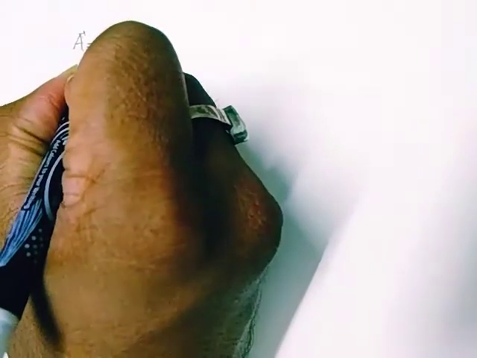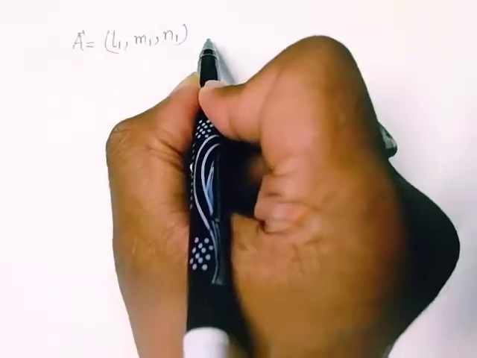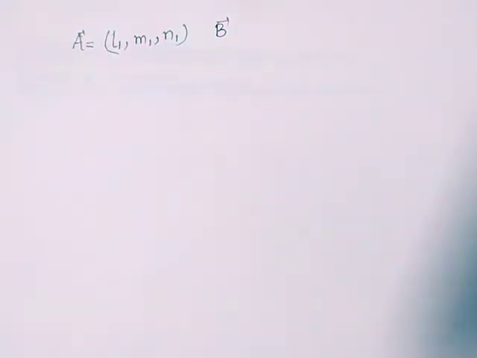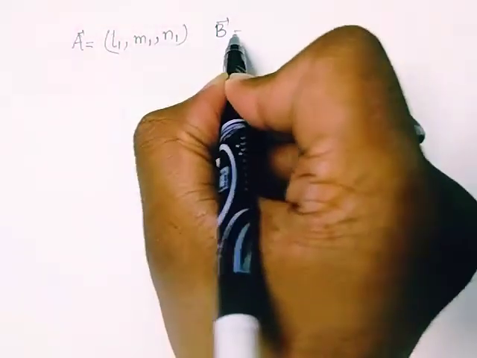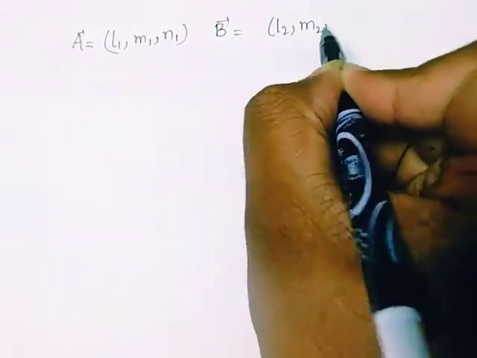Now if the same question is asked, just like the A vector is represented by L1, M1, N1, and another vector, the B vector, is represented by its direction cosines, L2, M2, N2.